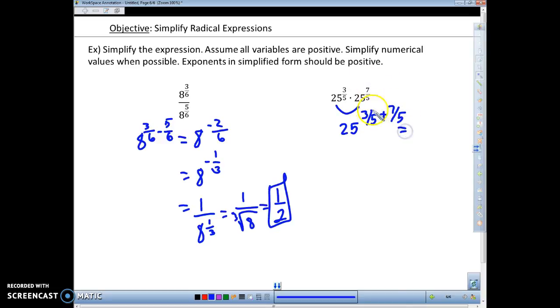So I add these guys, and again they have the same denominator, so I can add them, and this gives me 25 to the power of 10 over 5, and that simplifies to 25 to the second power. Okay, and if I bust out my calculator and I square that, this gives me 625.